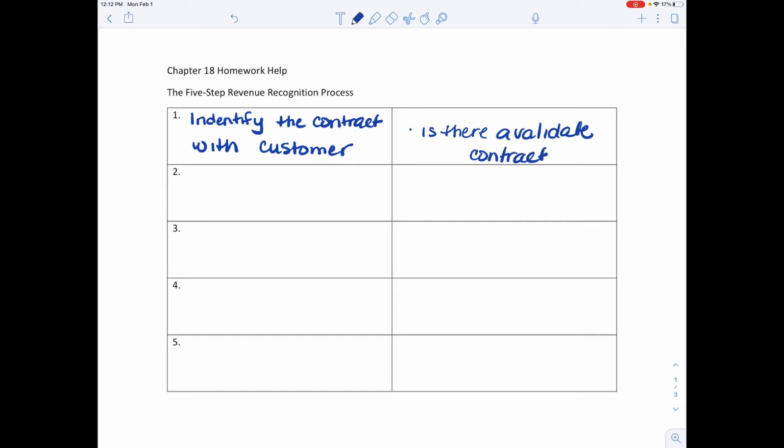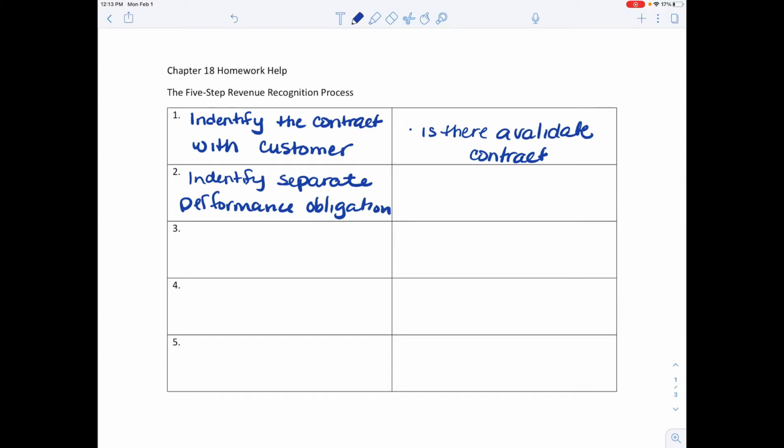The second step is to identify separate performance obligations. So what does that look like?